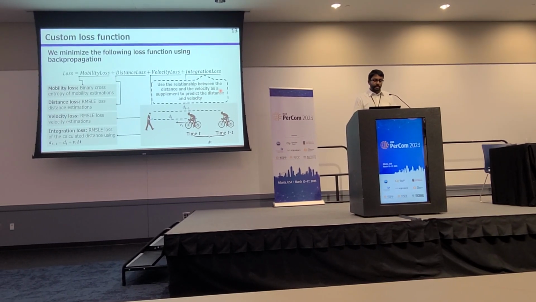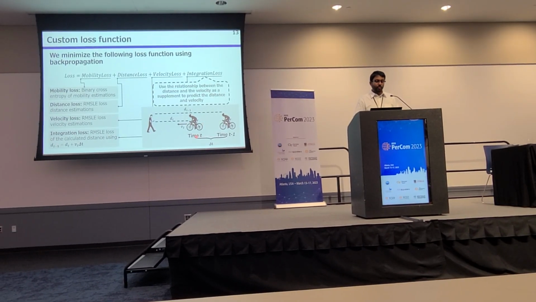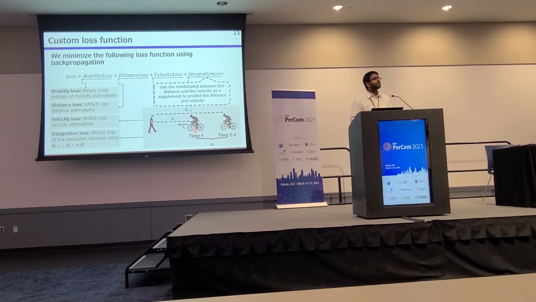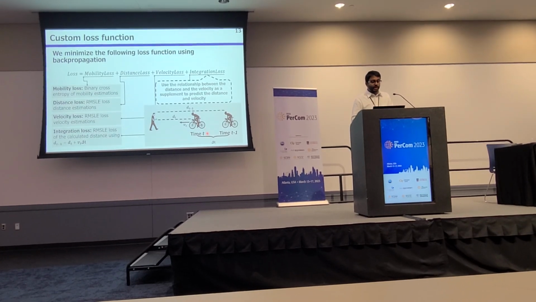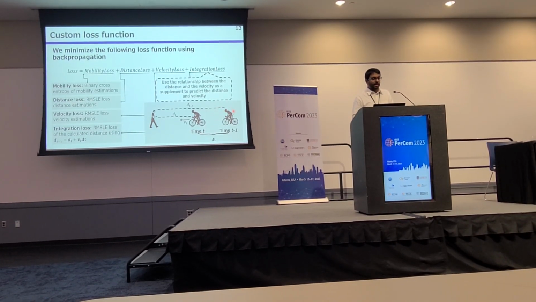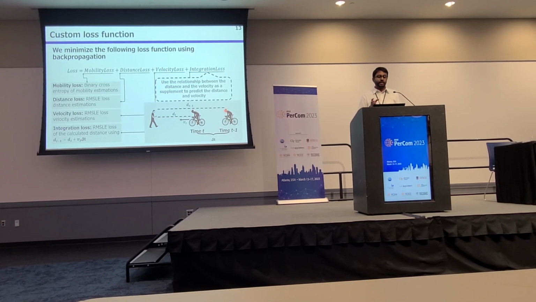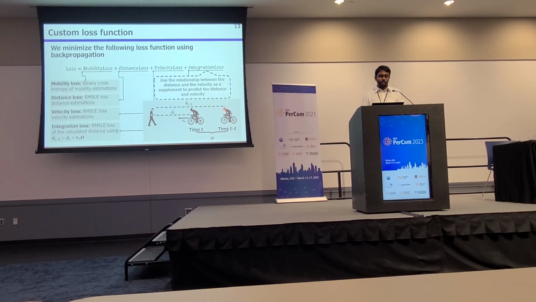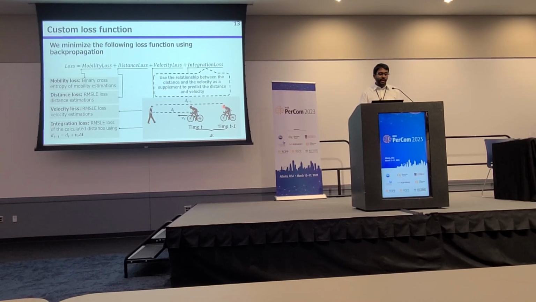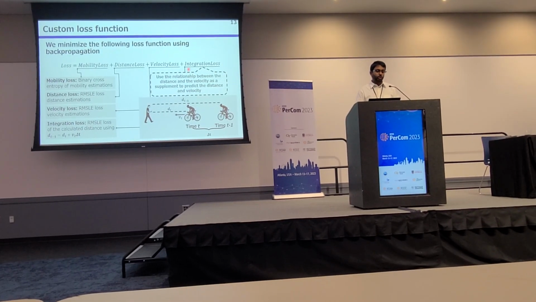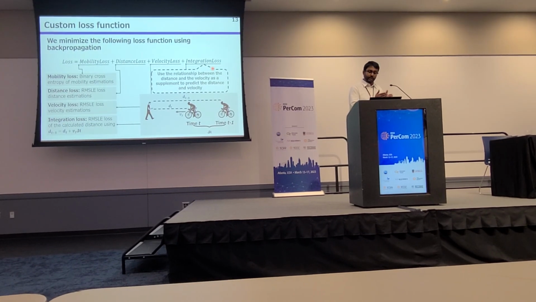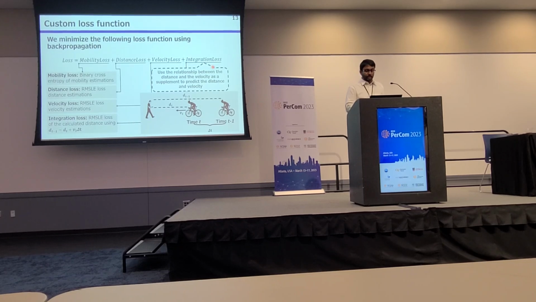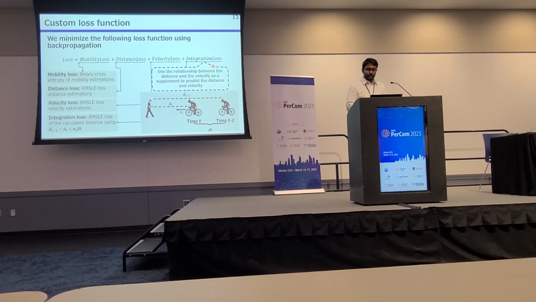What we basically do is use the estimations of distance and relative velocity at timestamp t to calculate the distance at timestamp t minus 1. Then we calculate the difference between the ground truth at timestamp t minus 1 and the calculated distance, and we aggregate it as a loss in our loss function. This way we can preserve the relationship between the distance and velocity of the predictions of ObSense.